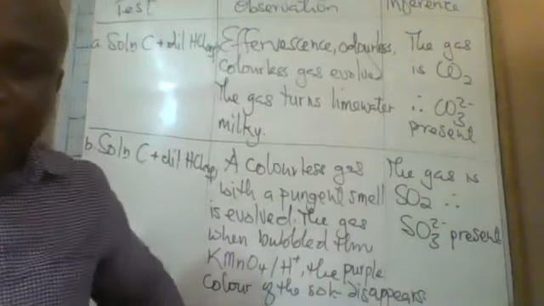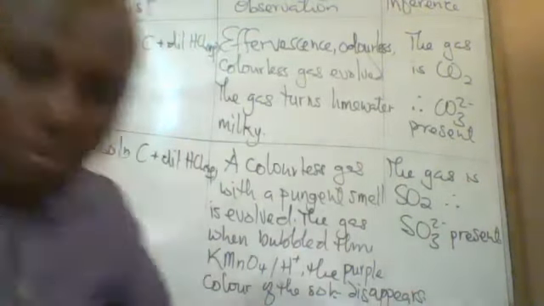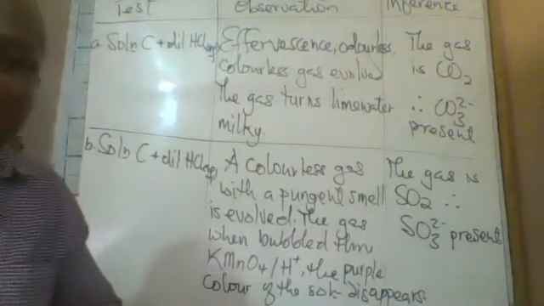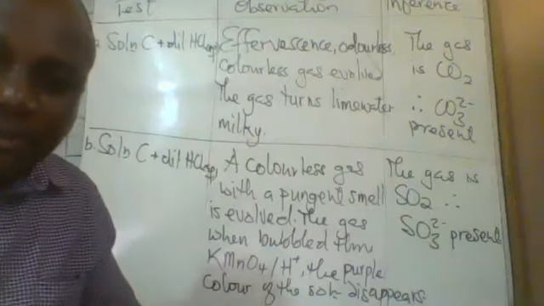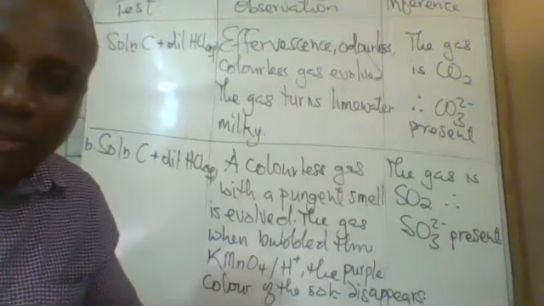If the gas is bubbled through acidified potassium dichromate solution, what are you going to observe?